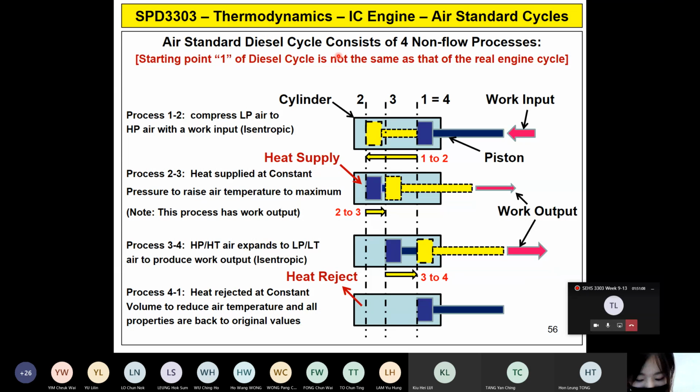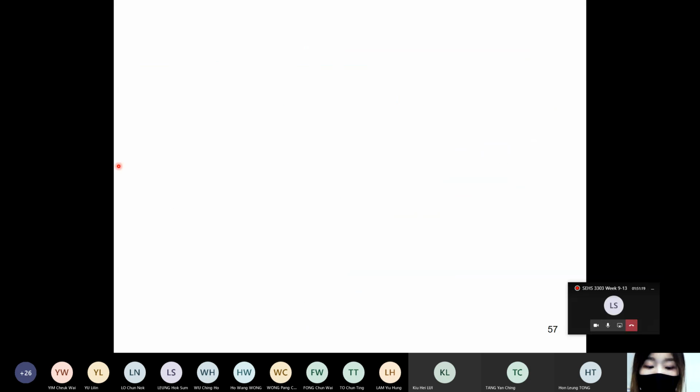So I will teach you how to draw the PV diagram, okay? This is our cylinder, right?